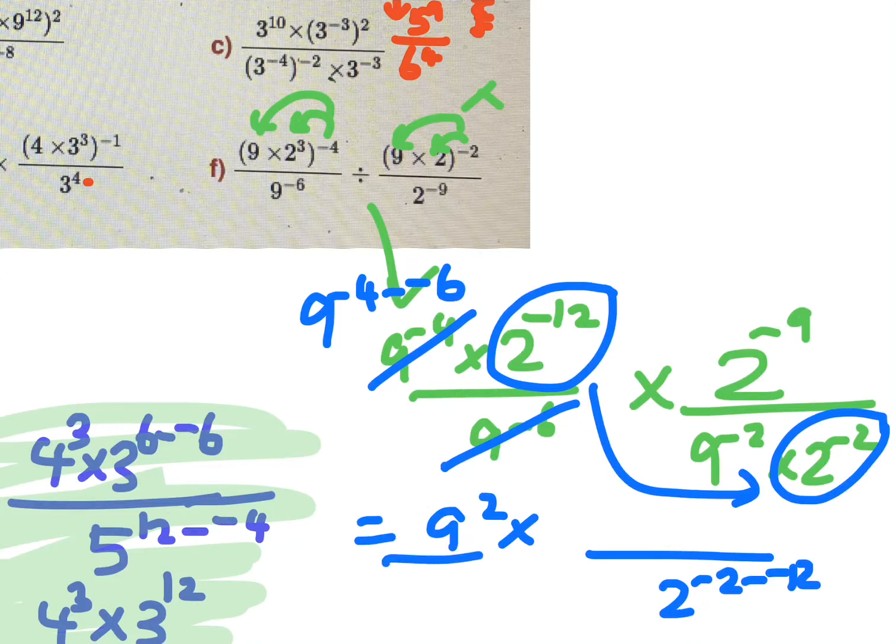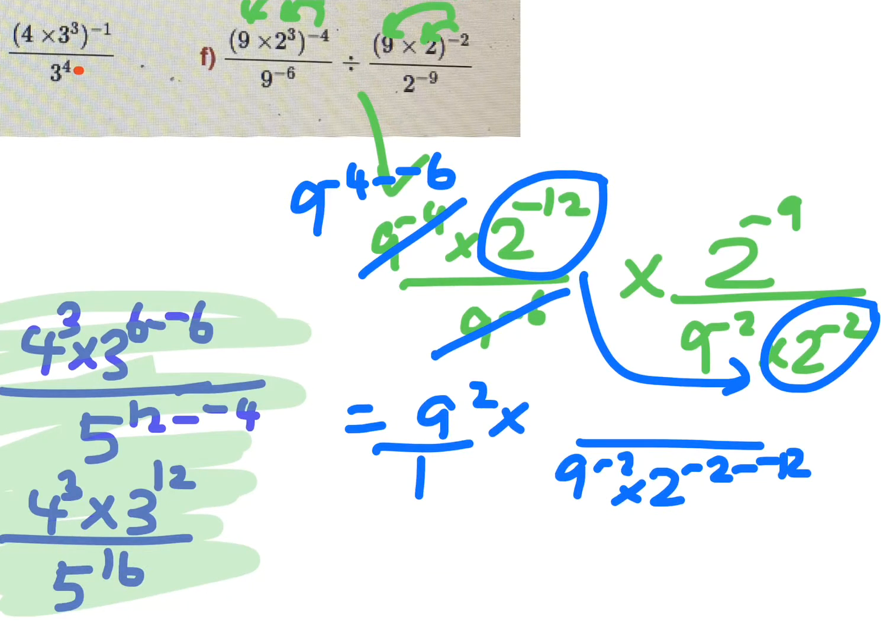Now, what else do we have here? So we have another 9 to the minus 2 here, which we can group with the other 9 to the 2. And that's a 1. So now if you get the 9s, you can collect like terms with those.